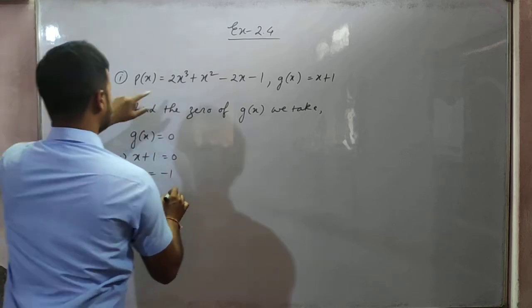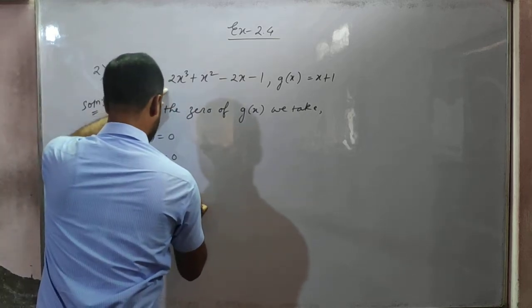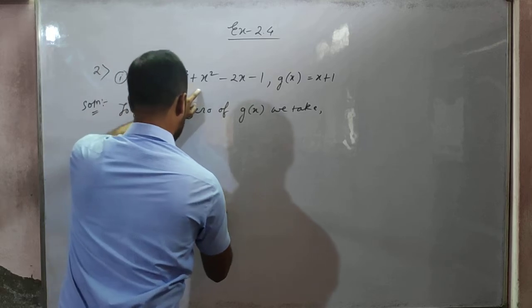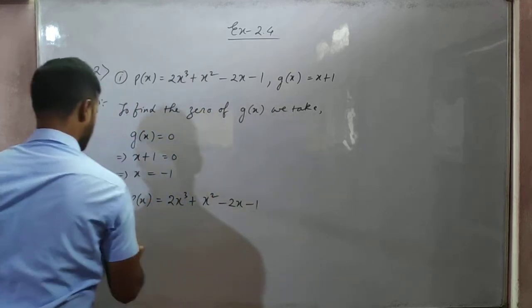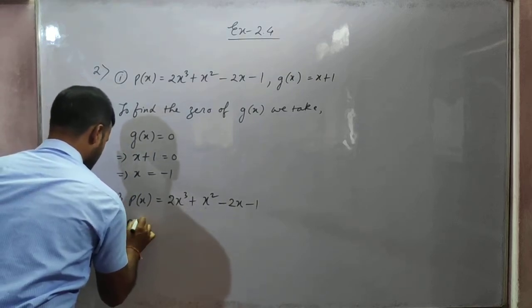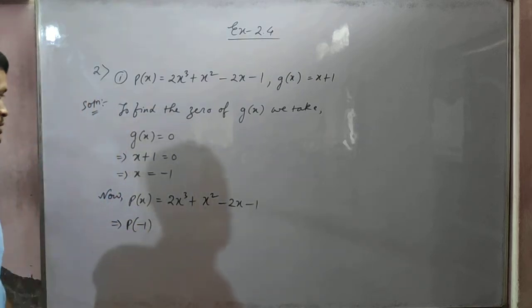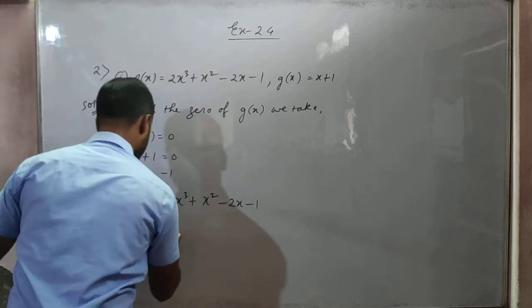Now therefore p(x) is equal to 2x cube plus x square minus 2x minus 1. In place of this x you just put minus 1.